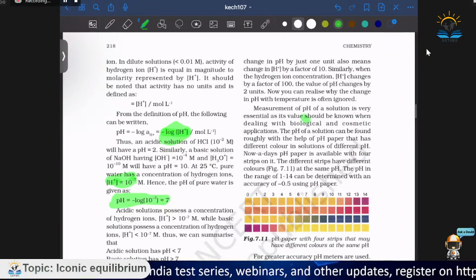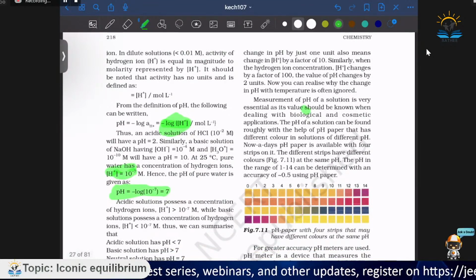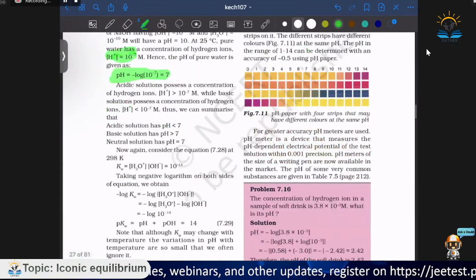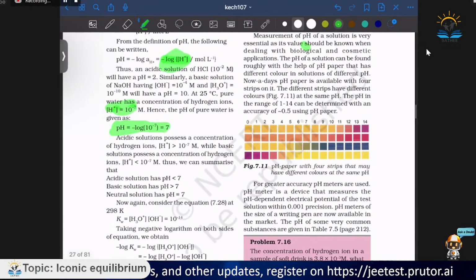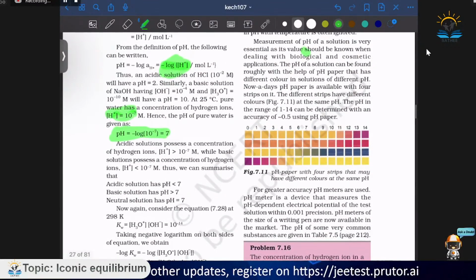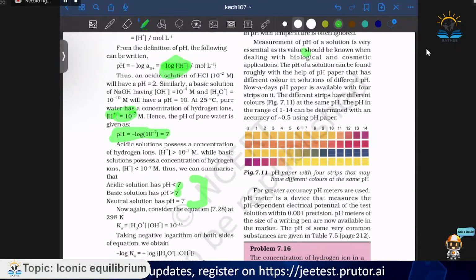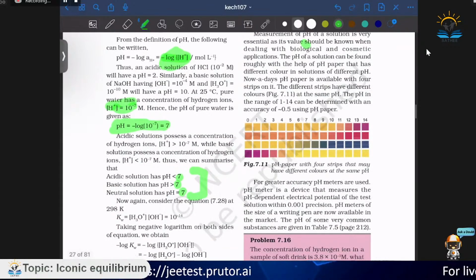So neutral water has pH 7 at 298 Kelvin. Now we can define acids, bases, and neutral solutions with this pH definition. 7 is neutral, more than 7 is basic, less than 7 is acidic. Really, really easy.